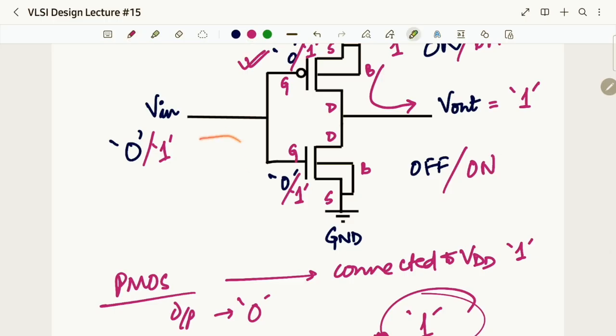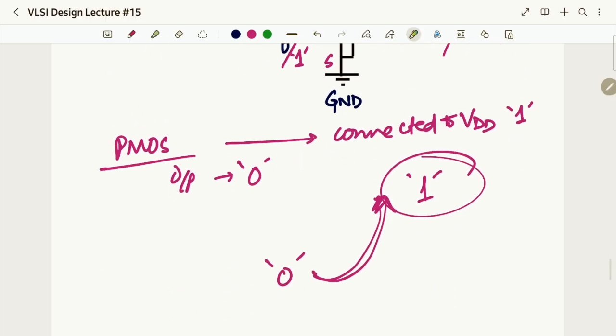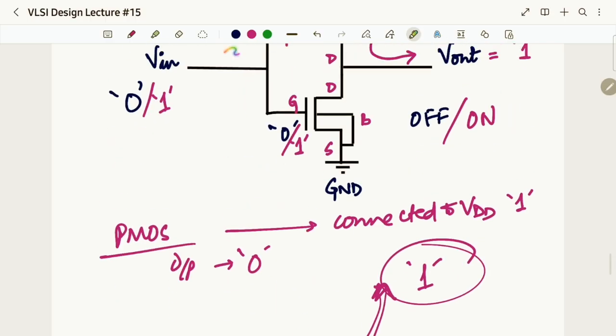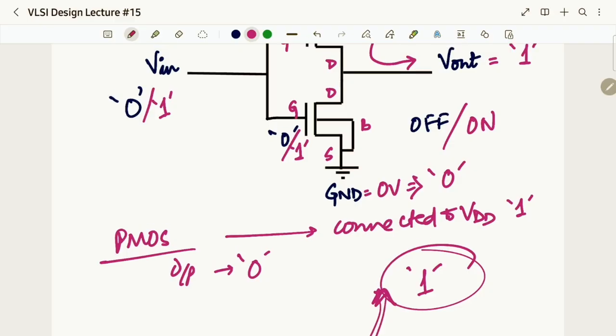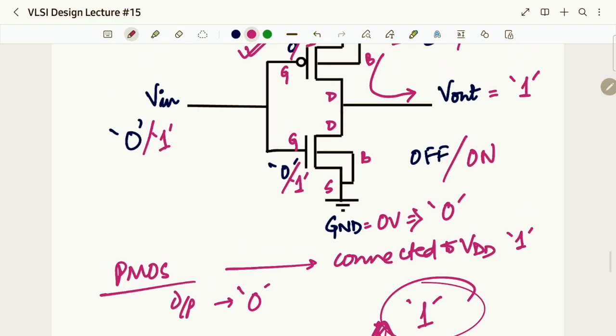So when NMOS is turned on, look at what it is connected to. NMOS's source and body both are connected to whom? Ground. Ground means what? Ground means 0 volts. 0 volts in VLSI means what? Logic 0. What is the input logic over here? Logic 1.